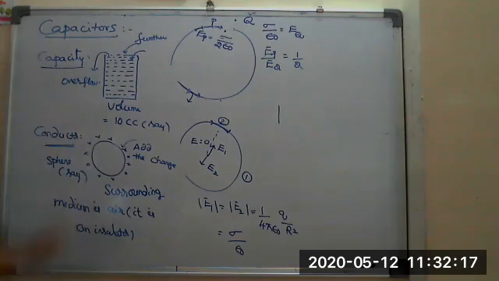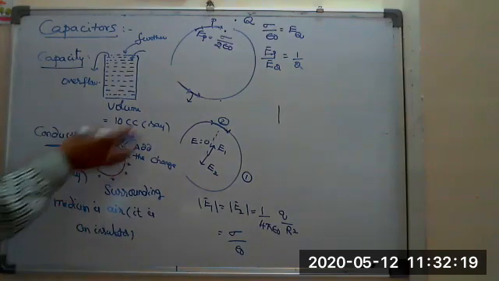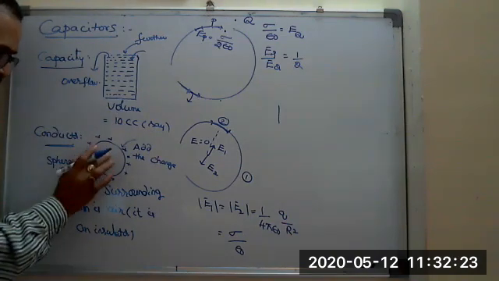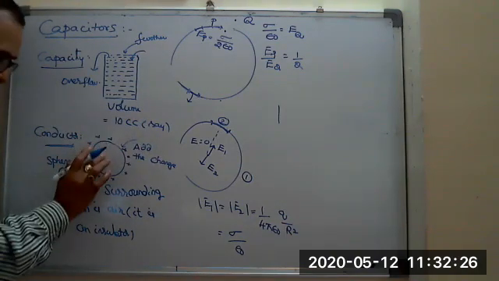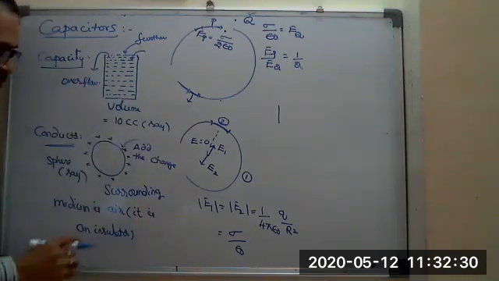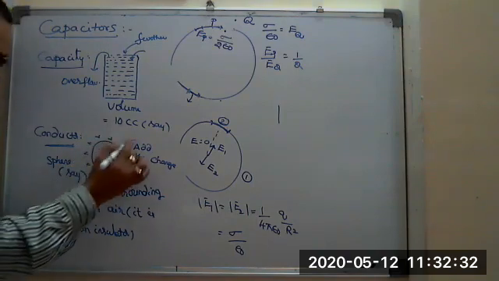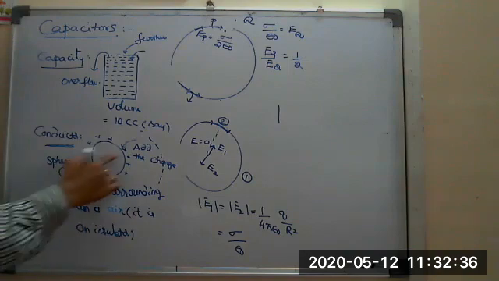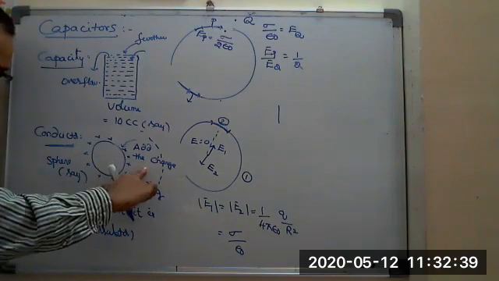An insulator means you are giving the charge to a conductor, and the conductor is a good fellow, taking the charge and ready to give it to someone if they take it. But the surrounding medium around the charge is not a supporting medium.